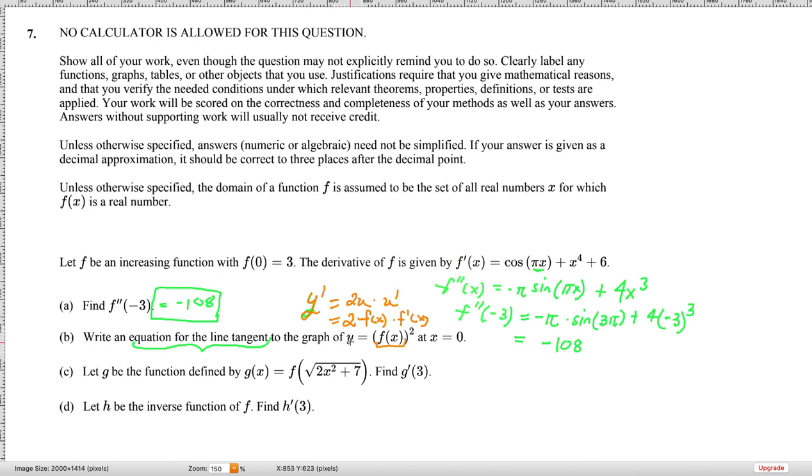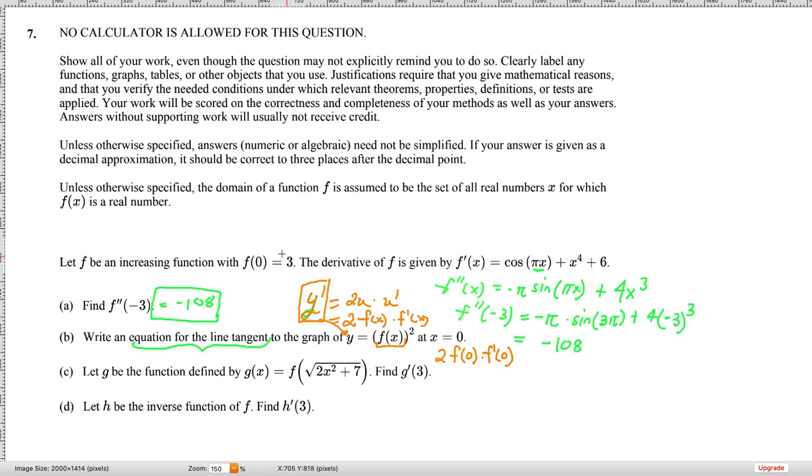Again, if you want to call this new function g of x, you want to find g prime of 0, I apologize, to get the slope of the tangent line, right? This is the slope of the tangent line for this graph. And I want to plug in 0 into this, so I'm going to get 2 times f of 0 times f prime of 0. And that'll give me the slope of the tangent line at x equals 0.